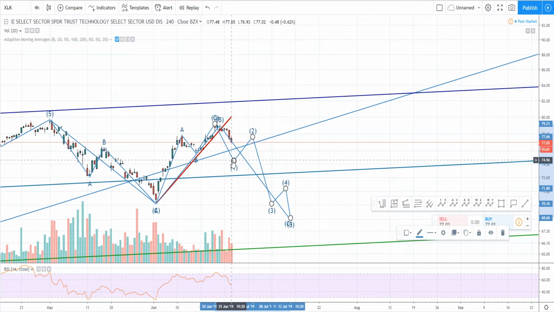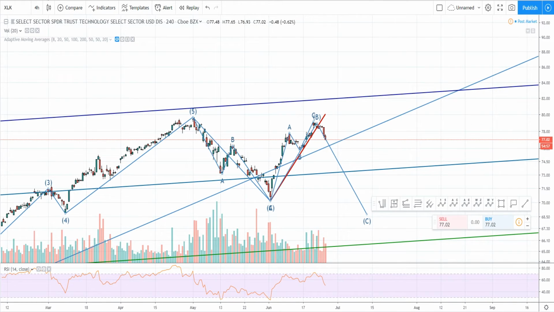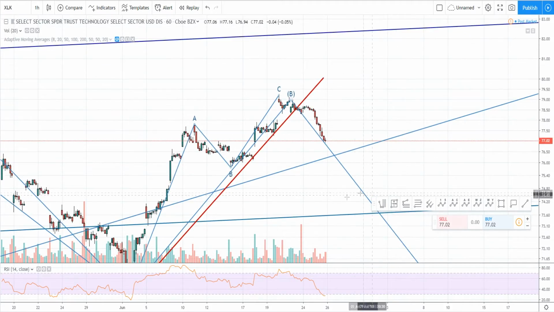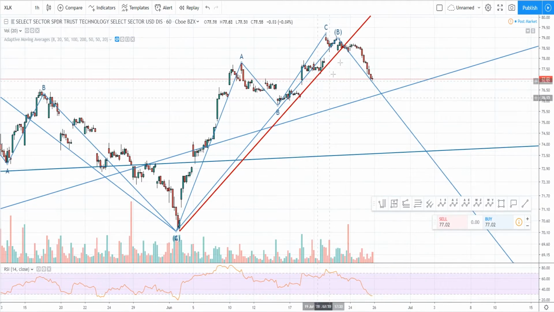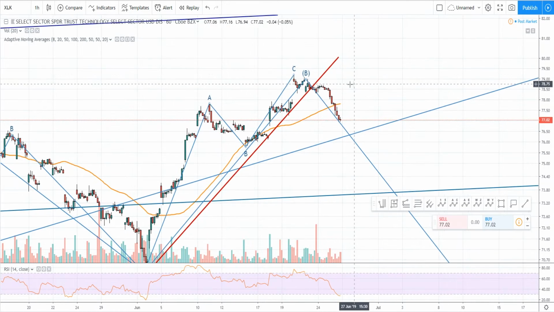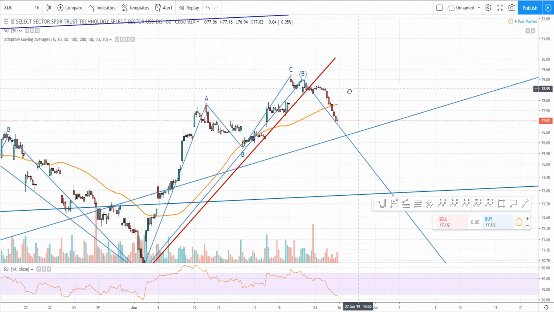So I did go short, but I didn't go short here. I went short, let me go to the hourly for that. So I saw this red trend line here break, which normally would have already been a signal to short. But I was more patient and I waited for the 50 hourly EMA to break.